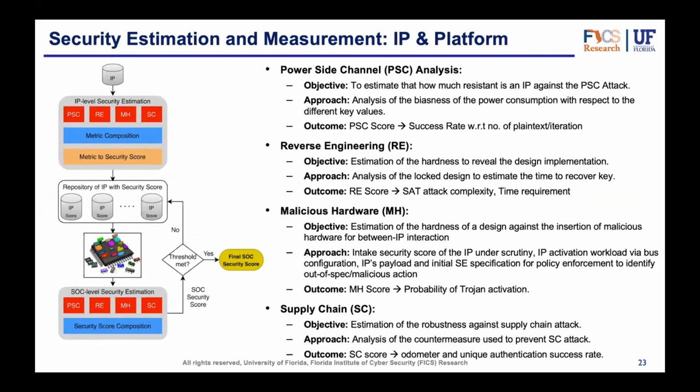Let's say we take an IP with certain security measures against power side channel, reverse engineering, malicious hardware, supply chain. Individual groups within the ACE team are developing metrics for each and every one of these vulnerabilities. Taking that IP level security and using it for the optimization of the IP itself, then taking it into the SoC, and from there trying to calculate what the SoC level security would be is a challenge.